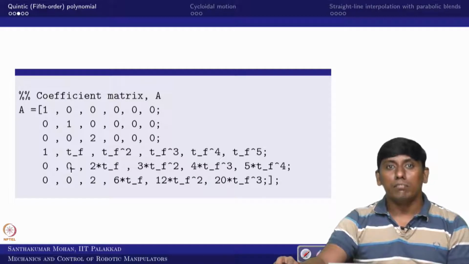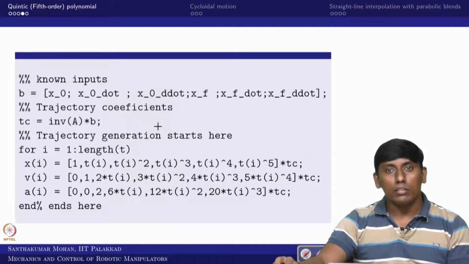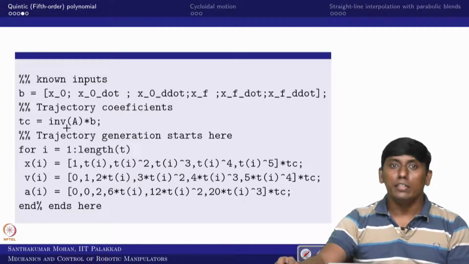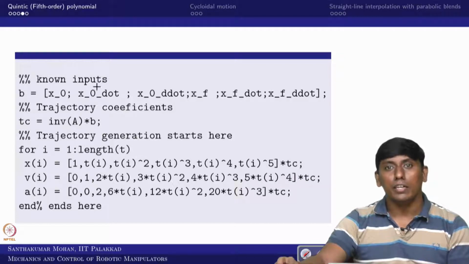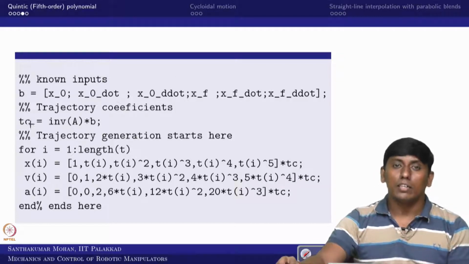Based on this we can rewrite the coefficient matrix. Earlier it was 4 cross 4, now it is 6 cross 6. Then the B vector is given, and the trajectory coefficients can be calculated. This is all standard protocol.